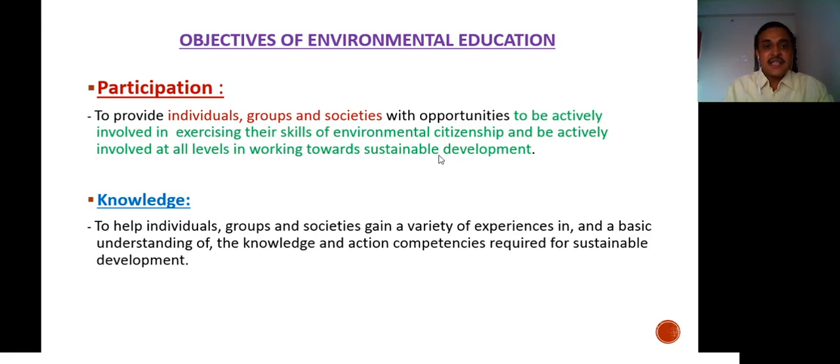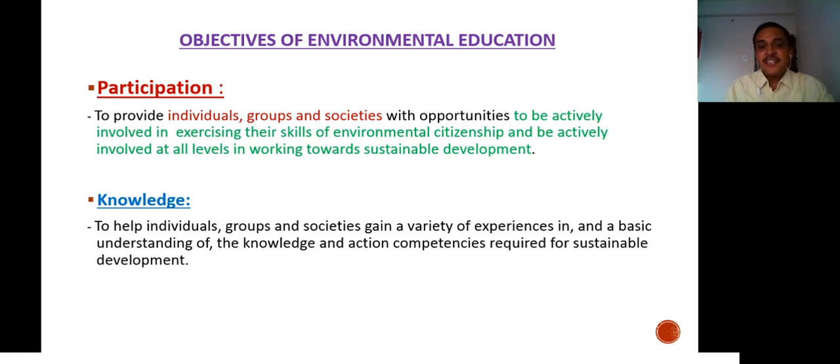In sustainable development, every individual, group or society may contribute their skills.